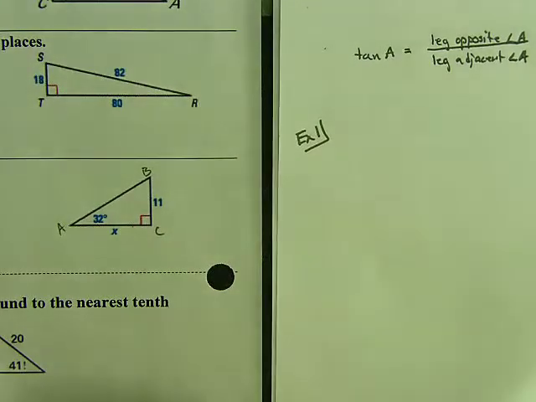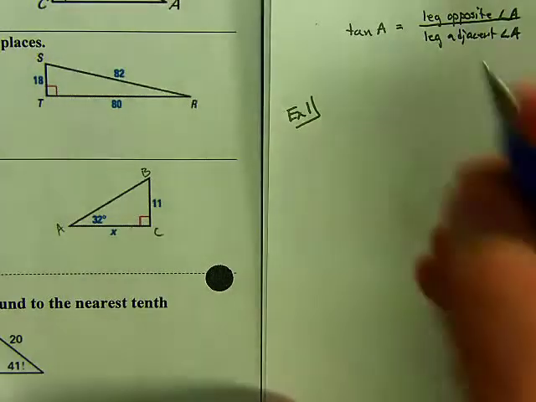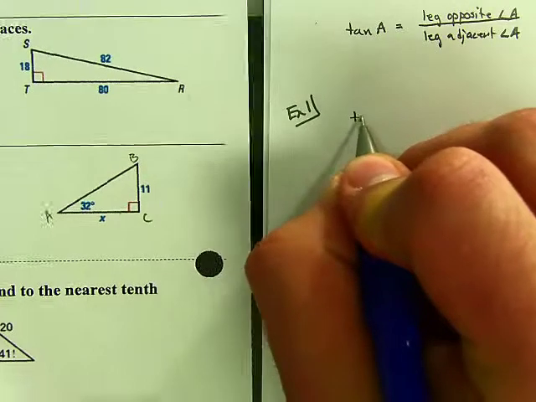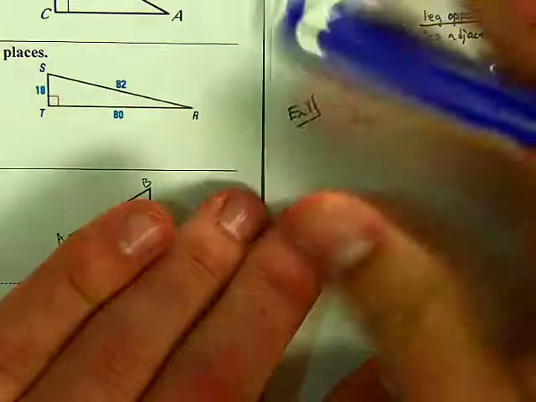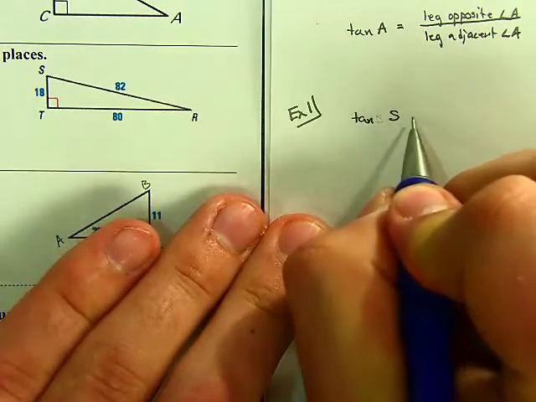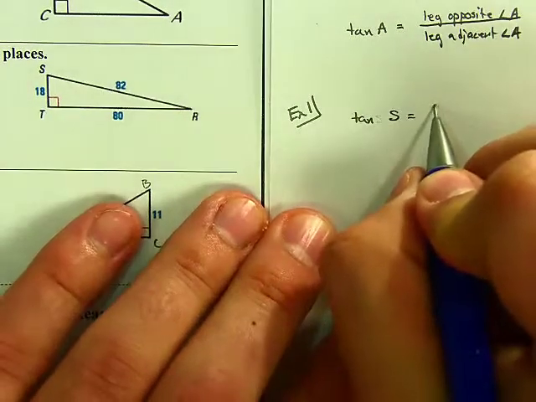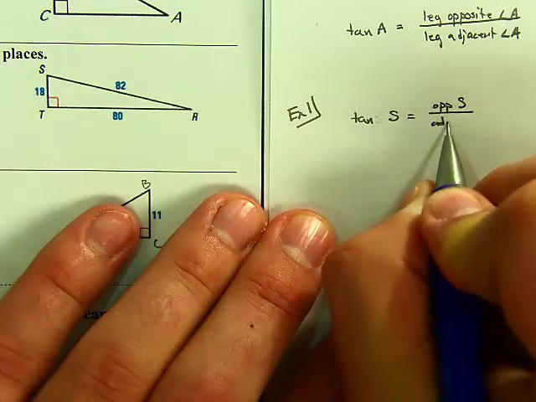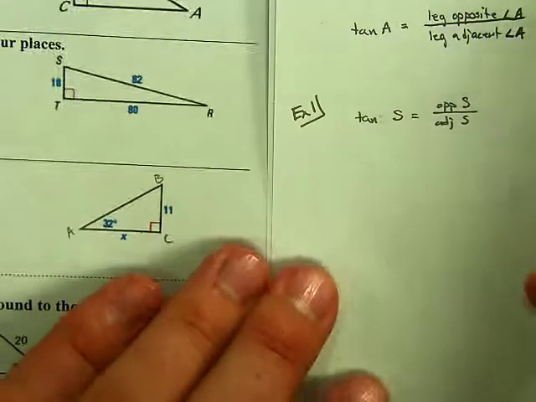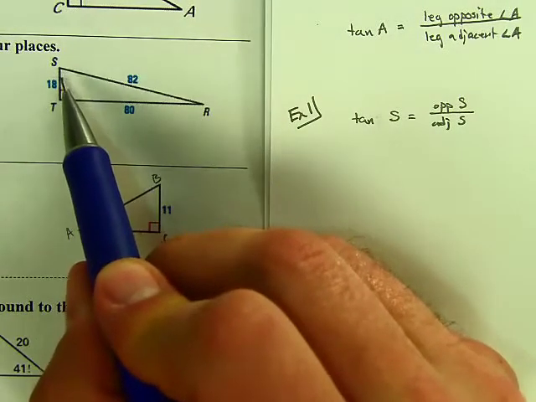So let's go ahead and start with the first tangent listed. So we have tangent S equals opposite of S over adjacent of S. So S is right here.